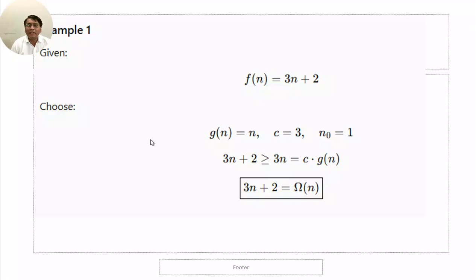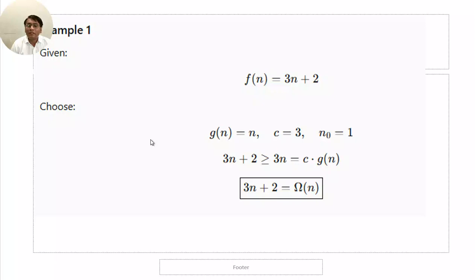This is the example where we calculate big omega. f(n) equals 3n plus 2. Here g(n) equals n, c equals 3, and n0 equals 1.